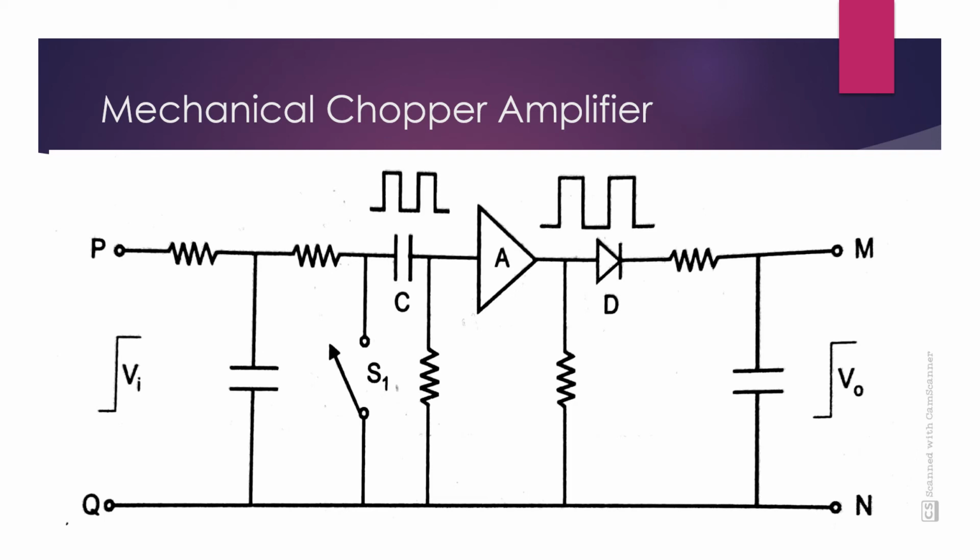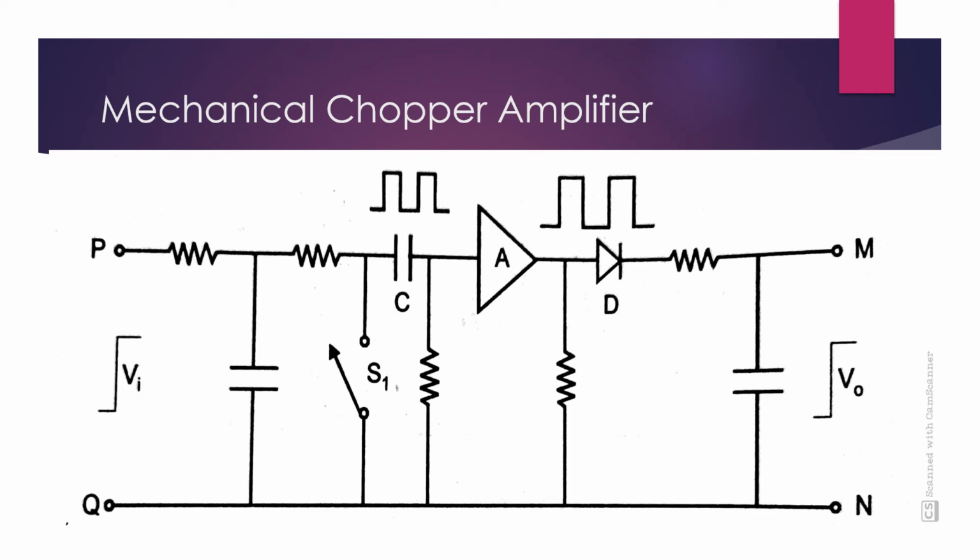When the chopper S1 is open, the amplifier receives the signal voltage from P. When this happens, the input to the amplifier consists of an AC voltage varying from 0 to the value of the input voltage. By this process, a steady DC or slowly varying signal is chopped into a train of square wave pulses having a frequency equal to the rate of the chopper.